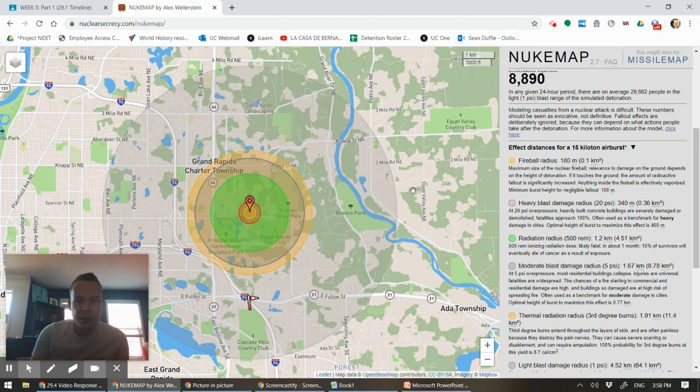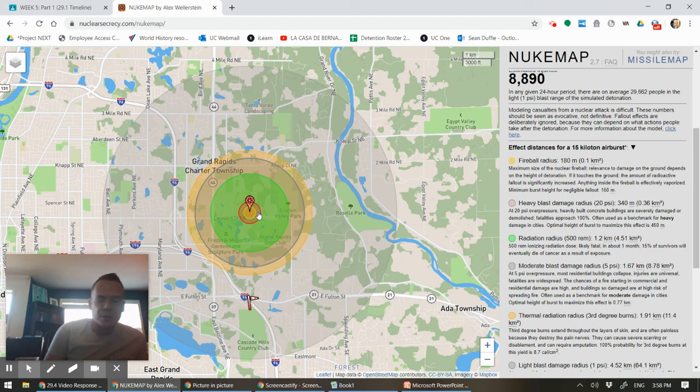The blast damage radius is our next ring, this kind of red ring here. These are things that will be destroyed from the pressure of the explosion. Unlikely that anyone is going to survive inside of the red ring. In the green, stuff's going to be blown apart, and you're probably going to have to unbury yourself from the wreckage. The biggest threat in here is you've been exposed to the radiation.